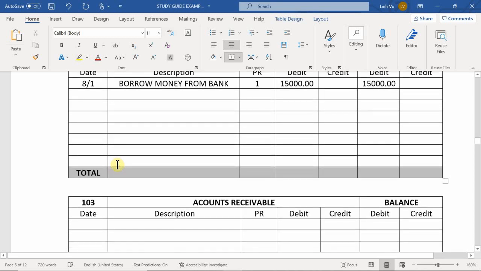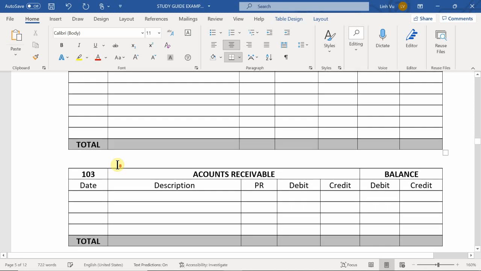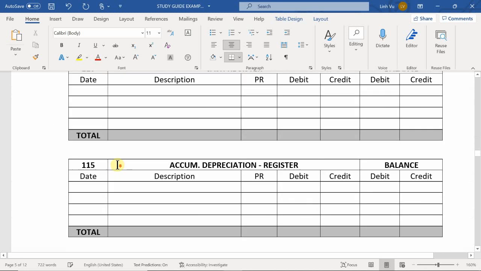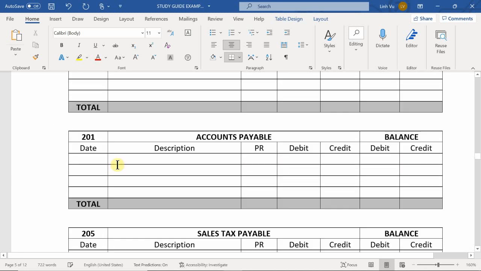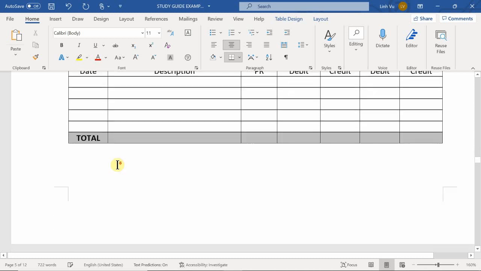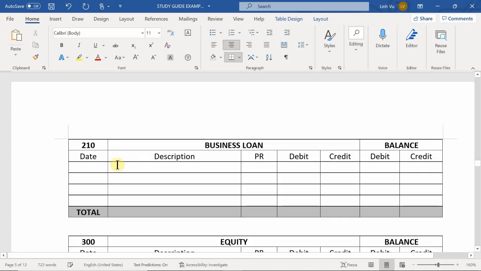Well, we've got one more account left to update. Oh, sorry, the business loan. Here's my business loan ledger.